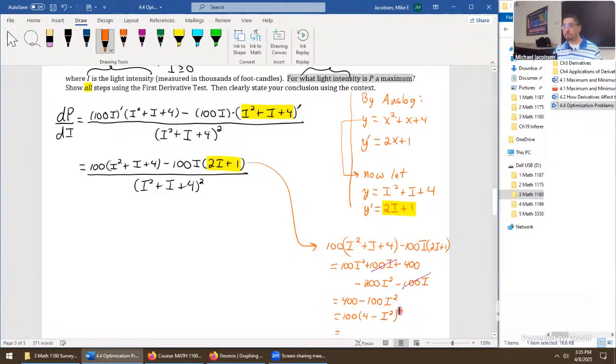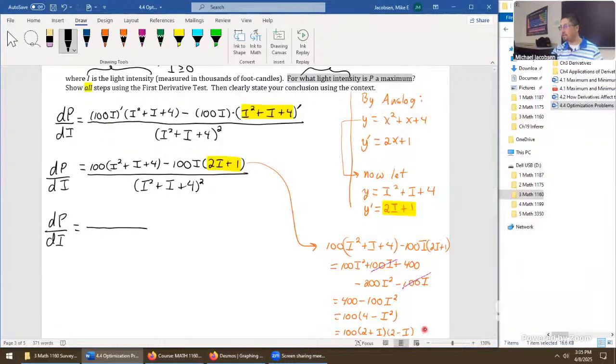Then the difference of squares formula for factorization comes up again. This is 100(2 plus i)(2 minus i). So that last bit right there plugs back into our numerator. Let's call this, just for extra emphasis, dP/di carried all the way down. Last line, dP/di, the first derivative, becomes not so bad.